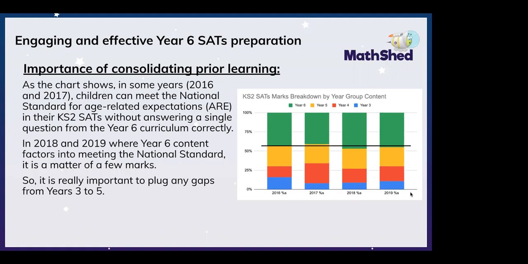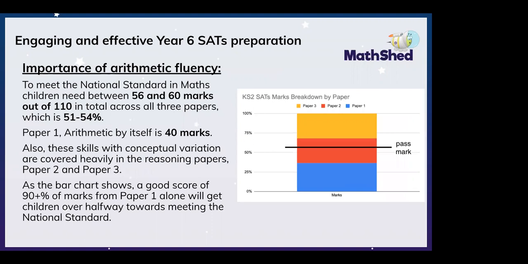Next slide. Similarly, the way to achieve the national standard is for children to get a really good score on paper 1 to begin with, because you need between about 56 and 60 marks to meet the national standard, based on the four years that the SATs had been running uninterrupted prior to COVID.